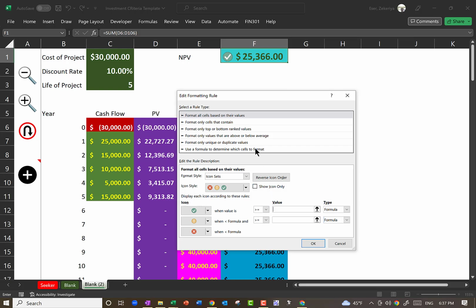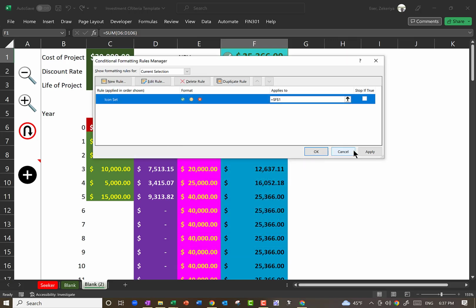Let's do this. If it is greater than cost of project times 0.01, okay. Otherwise, if it's greater than or equal to negative of cost of project times 0.01, otherwise red light.